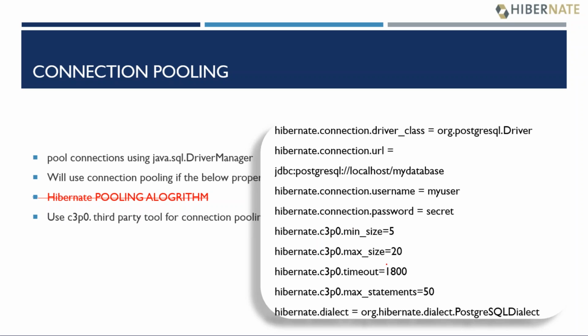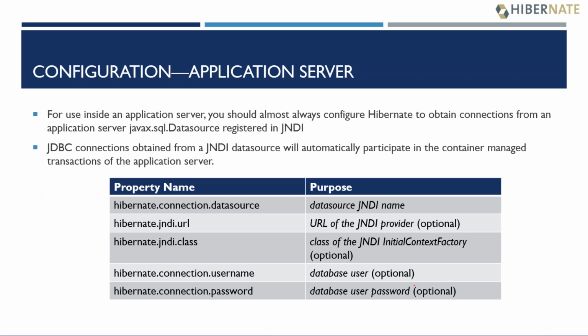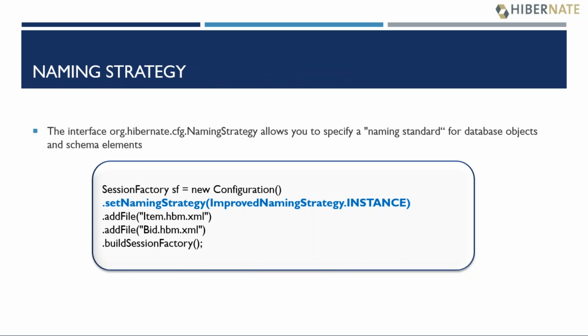The minimum, maximum timeout is 180, and it should support some 50 statements. So you should not use the default pooling algorithm. You can configure your application, so you can configure it to use JNDI as well.